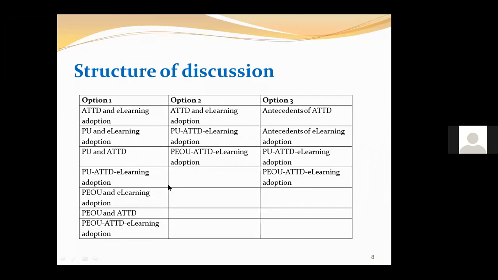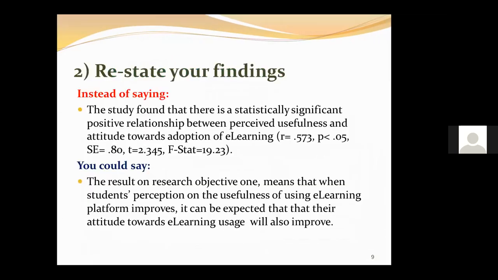So what I'm trying to say here is provide an outline of the flow of your chapter on the discussion. Okay, so you have now an idea of how your discussion chapter is going to look like.